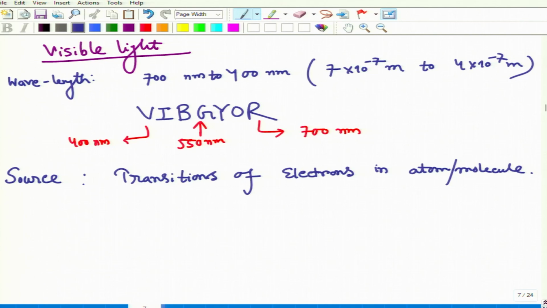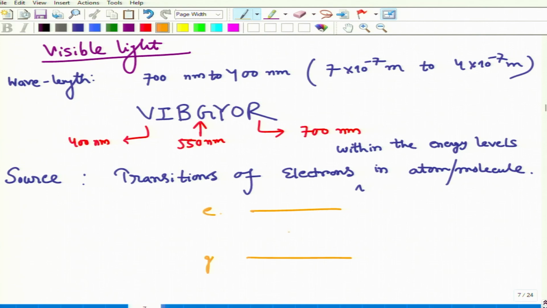Transition within the energy levels. Let's say there are two energy levels, this is the ground level, this is the excited level.